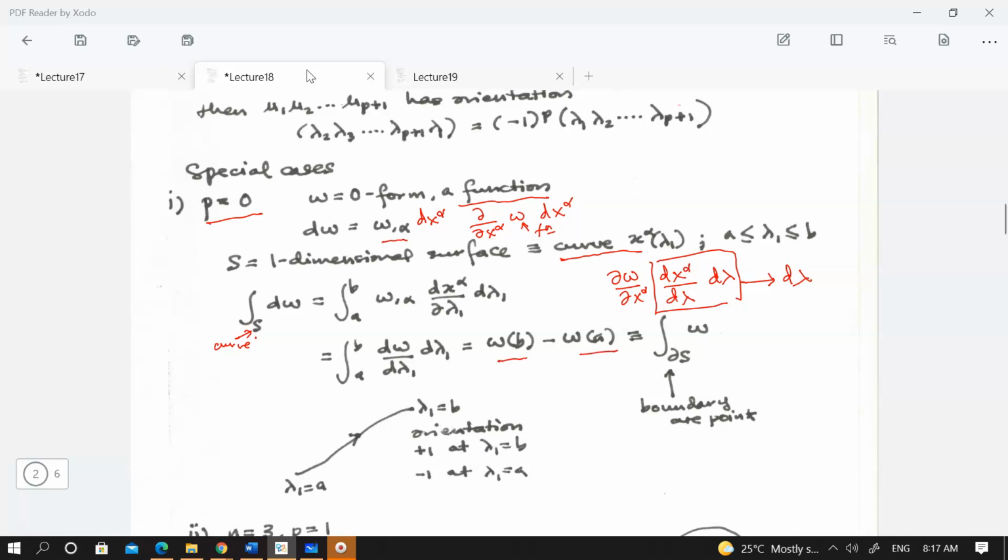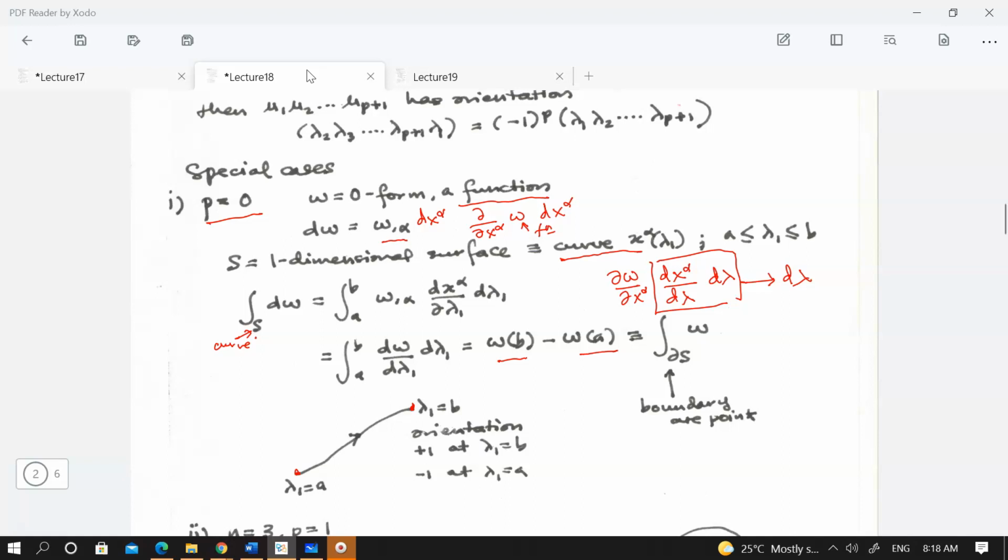Suppose that I'm considering this curve, parameterized by lambda 1, from lambda 1 equals A to lambda 1 equals B, and that defines the curve.